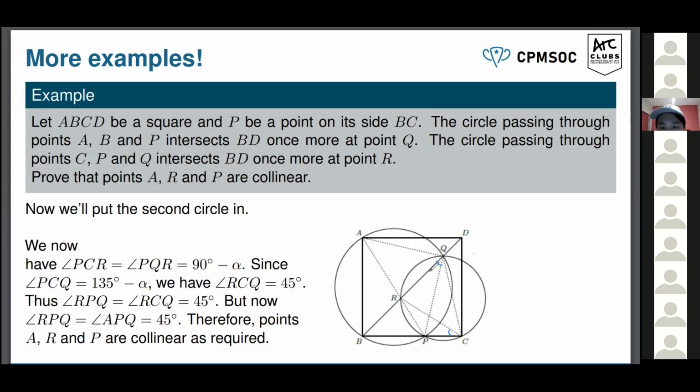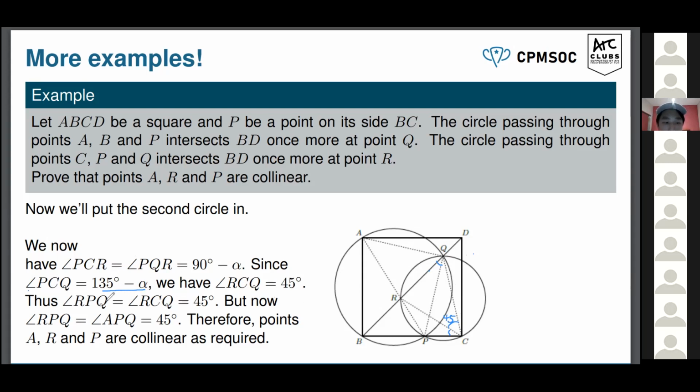We have proved that PQR is 90 minus alpha before. So because this is a cyclic quadrilateral, PCR is also 90 minus alpha. And since PCQ is 135 minus alpha, which we have proved in a previous slide, we have that this angle RCQ is 45.